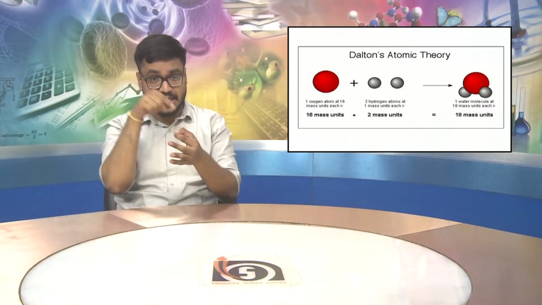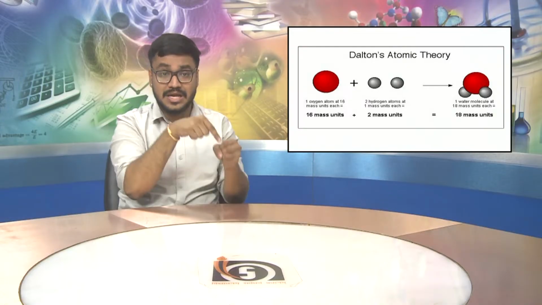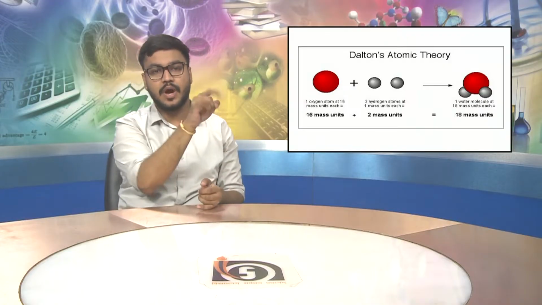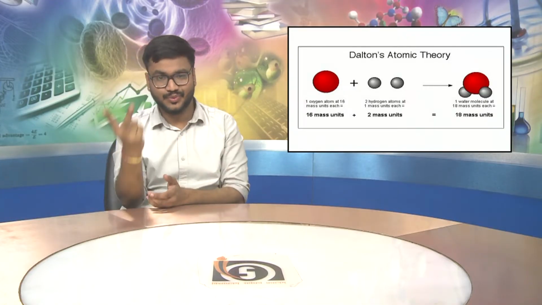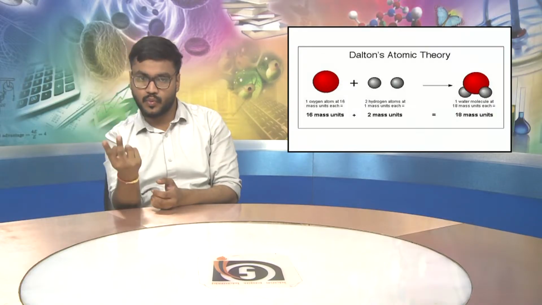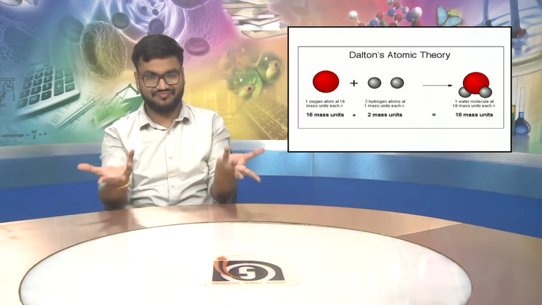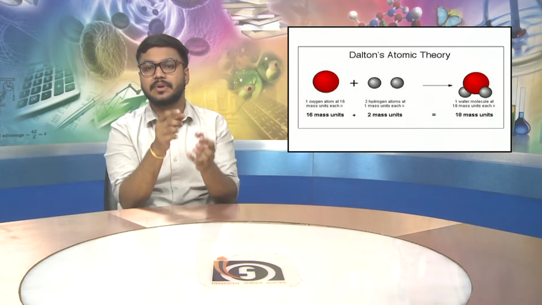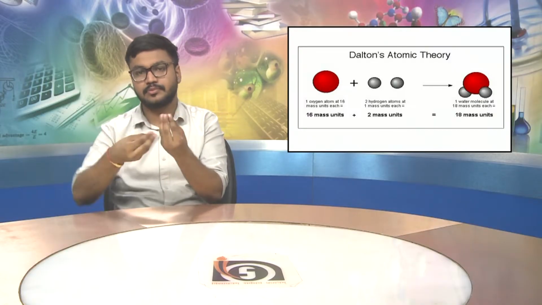As you can see, there is a visual representation of atomic mass: first is one oxygen atom at 16 mass units and 2 hydrogen atoms at 1 mass unit each. Combining them, we can get one water molecule at 18 mass units.